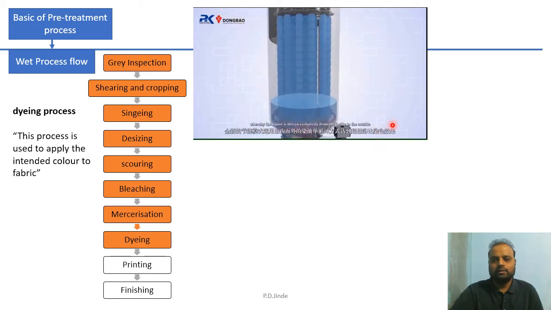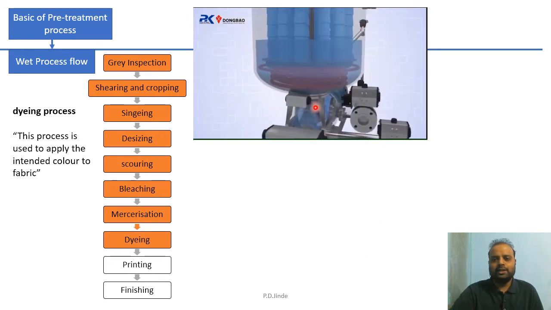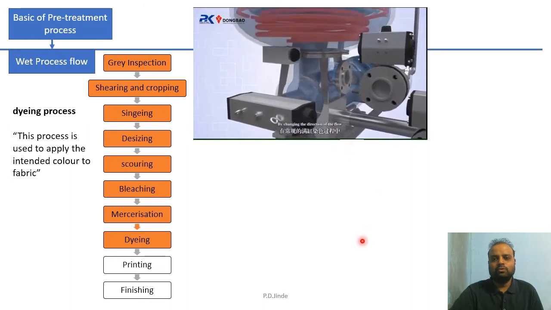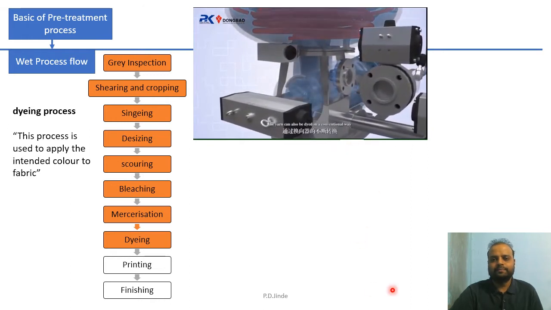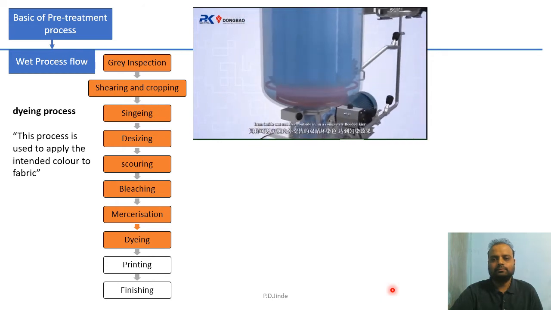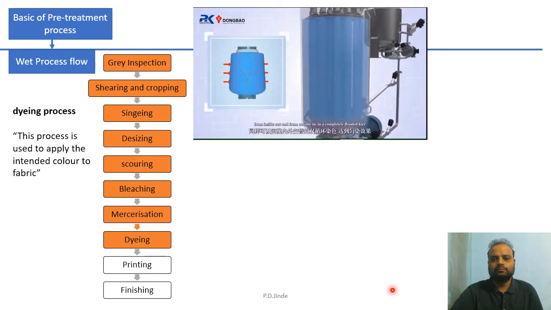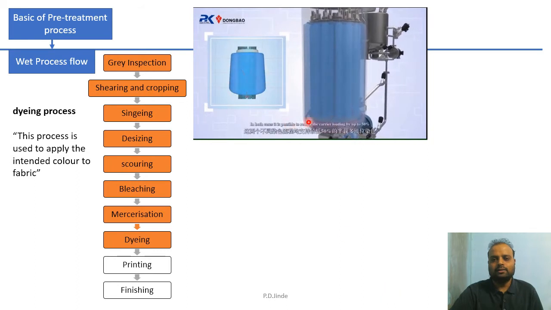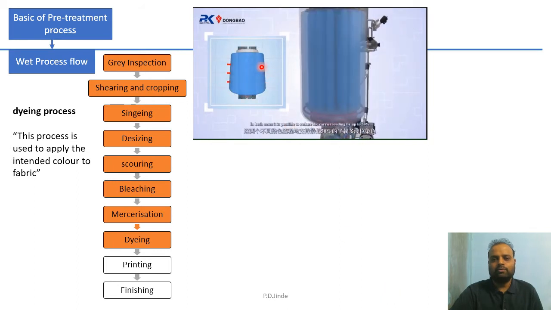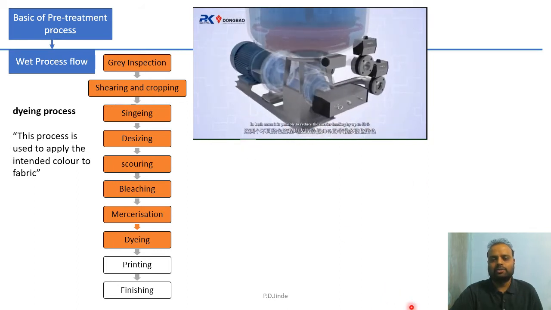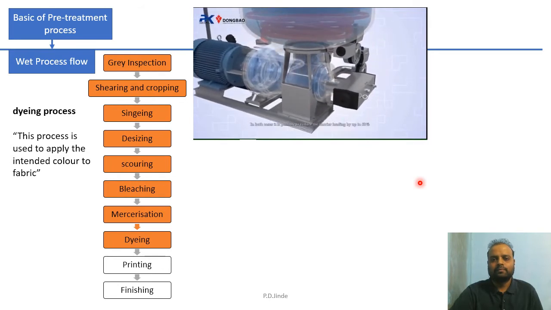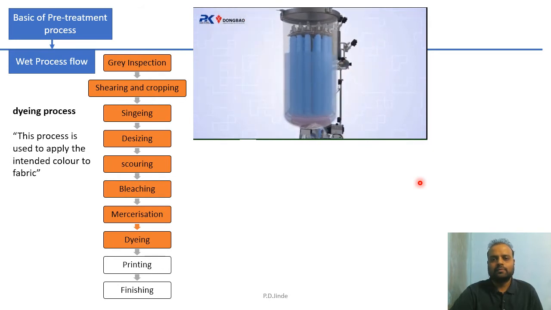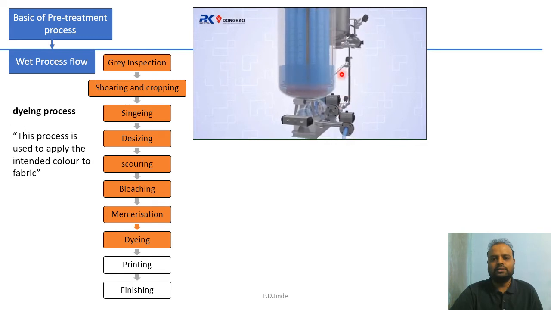Here, from each package, the liquor is moved from inside out. In a second cycle, the dyeing liquor is moving from outside to inside the package. Once dyeing is complete, liquor is drained out.